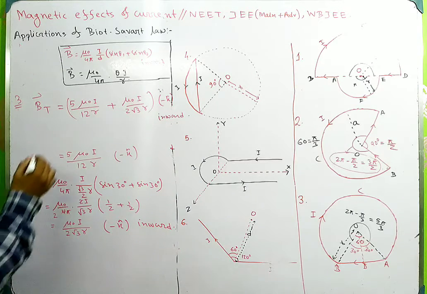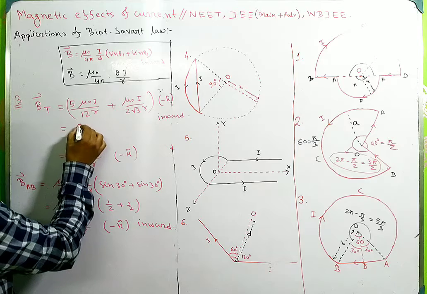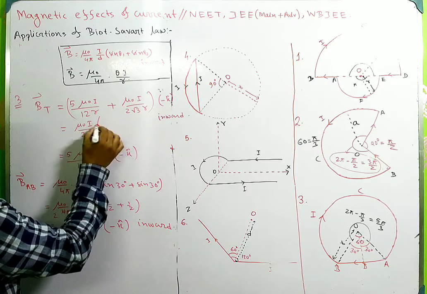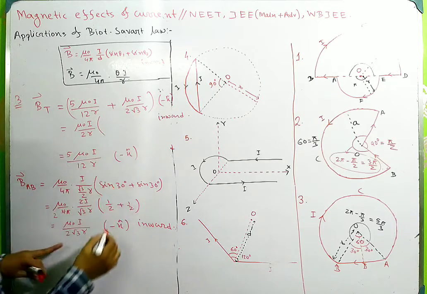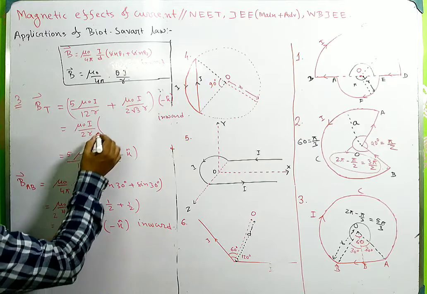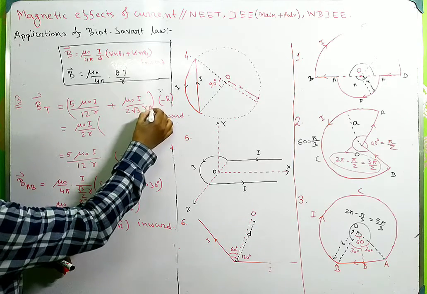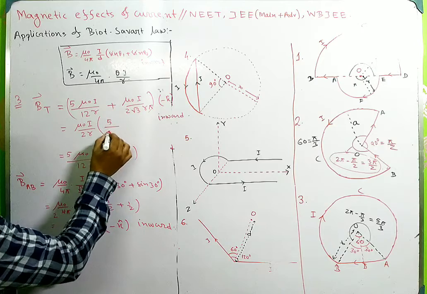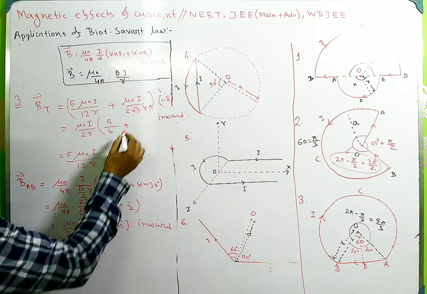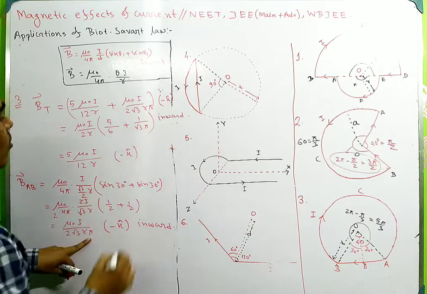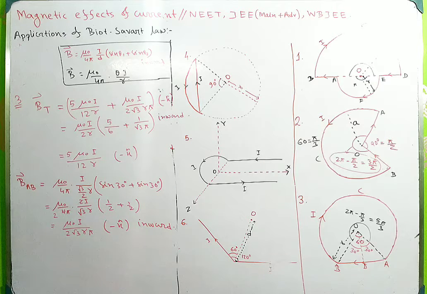Okay, so if you take the common term mu 0 I divided by 2R, in this case it will be 5 by 6 pi plus 1 by root 3 pi.